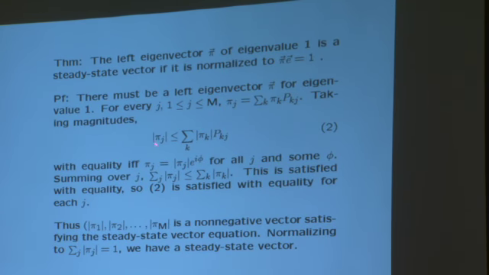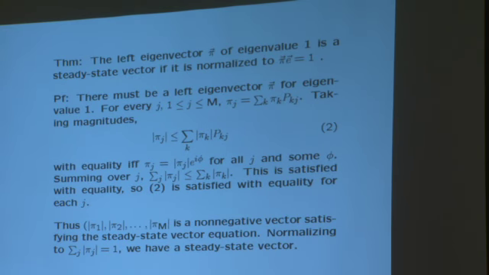It says these magnitudes satisfy the steady state equation. These magnitudes are real and they're positive, so when we normalize them to sum to 1, we have a steady state vector. And therefore, the left eigenvector pi of eigenvalue 1 is a steady state vector if it's normalized to pi times z equals 1, which is the way we want to normalize it.